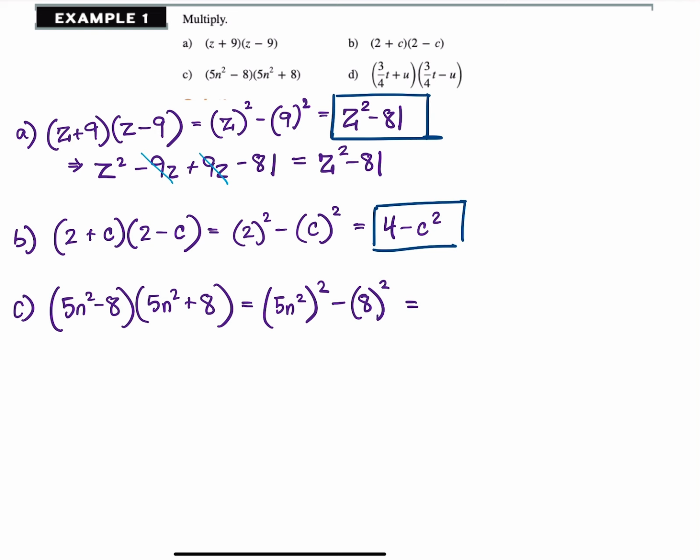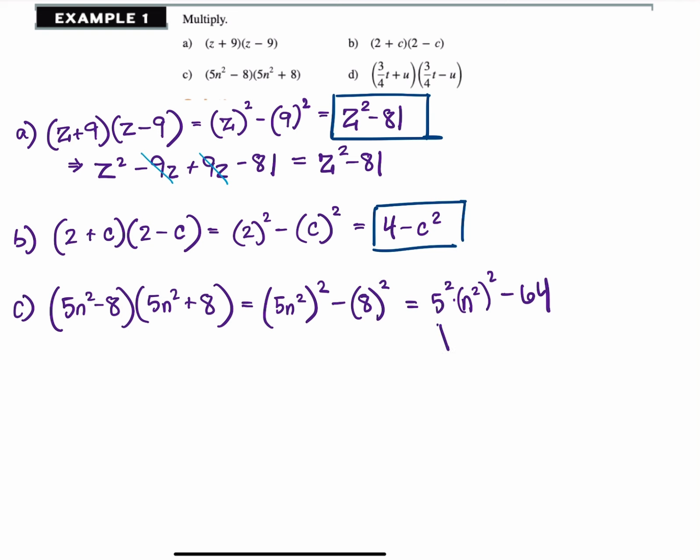So if we are raising something to a power that's been multiplied, we can apply the second power to both of those terms, meaning this would become 5 squared times n squared squared. 8 squared is 64.